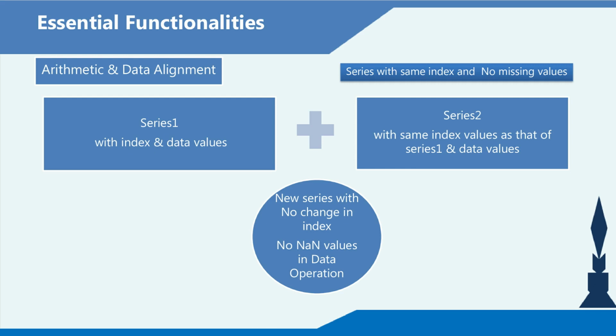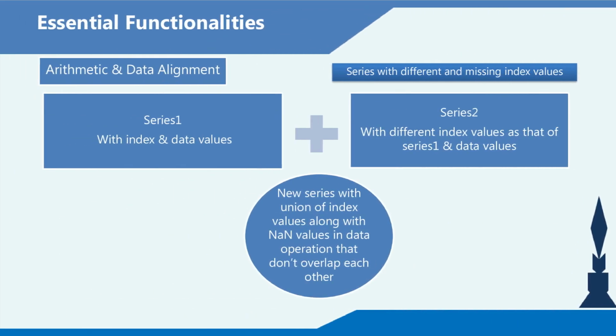If the series objects used for arithmetic and data alignment have the same kind of index values with no missing values, then the resulting series has no change in the index values and no NaN values in the data operation. If the series objects have different index values with missing values, the arithmetic and the internal data alignment introduces missing values in the label locations that don't overlap.